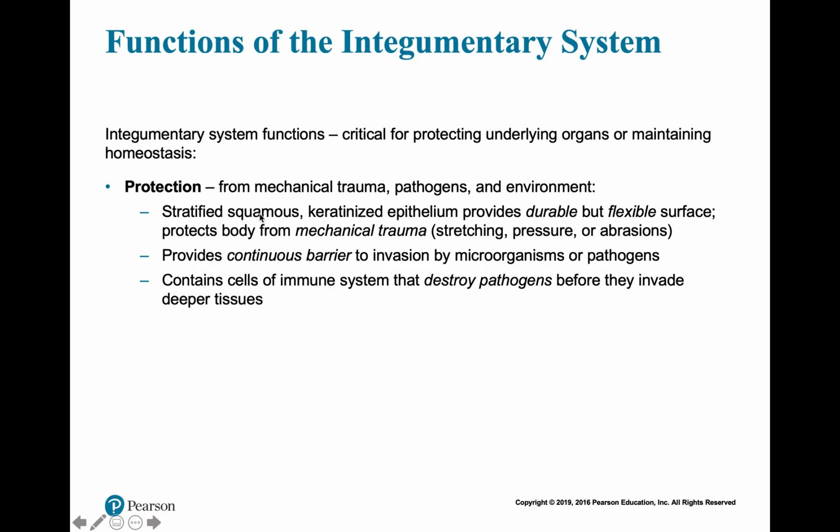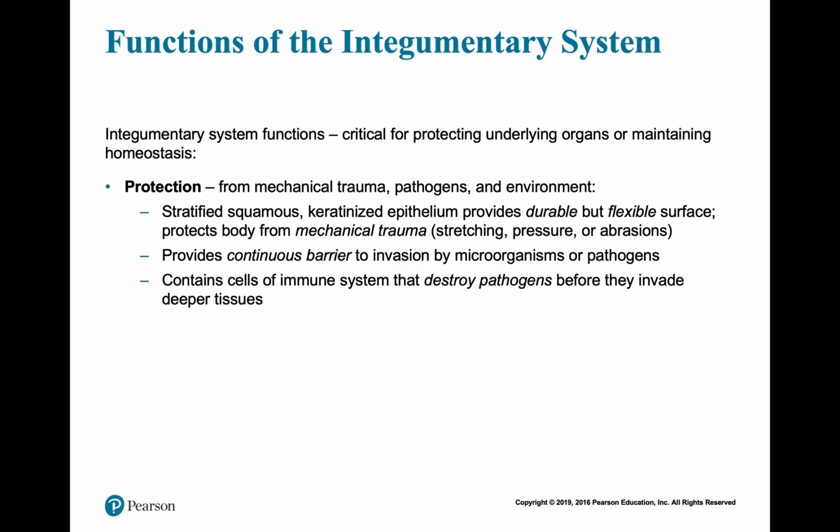So we have lots of layers of cells of the epidermis. That means that some can be sloughed off due to mechanical trauma, abrasion, friction, rubbing, scratching, things like that, stretching, some pressure, abrasions. So it allows for some of those cells to be sloughed off, but then we still have cells remaining behind.